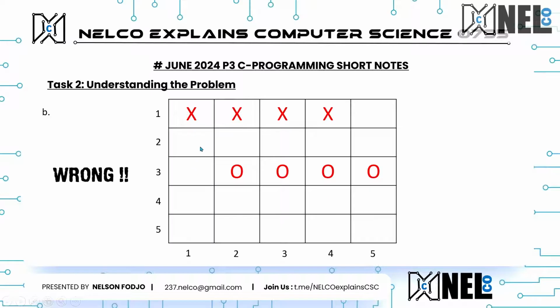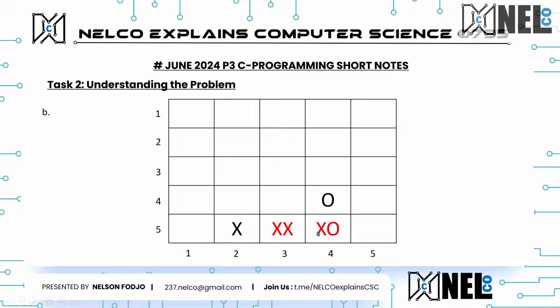And as you can see here, there are a lot of empty cells in this column. So this is a wrong alignment. Next, this is another wrong alignment where you put 2 same characters or different characters in the same cell. You are not allowed to do this.